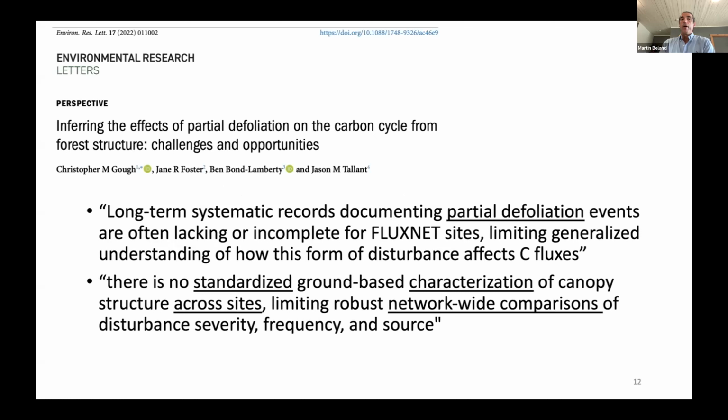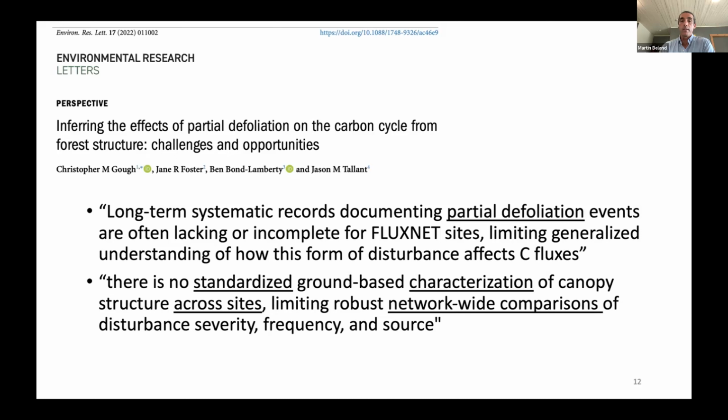I brought here a recent perspective paper that was highlighting that long-term records of, in this example here, partial defoliation were often lacking at FluxNet sites. And the authors were saying that there's no standardized ground-based measure of the structure across sites yet, and this is limiting the comparison across the sites in the network.